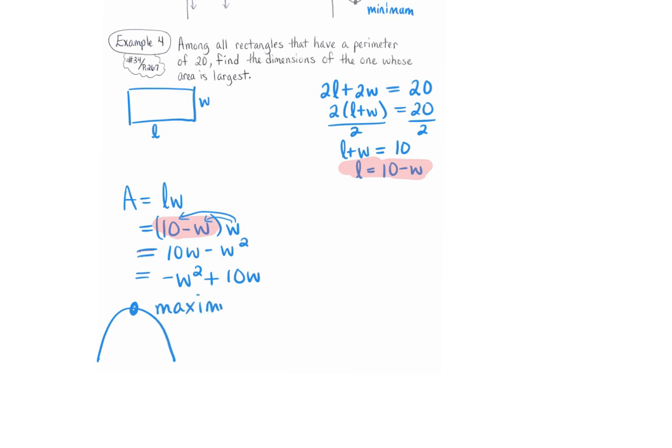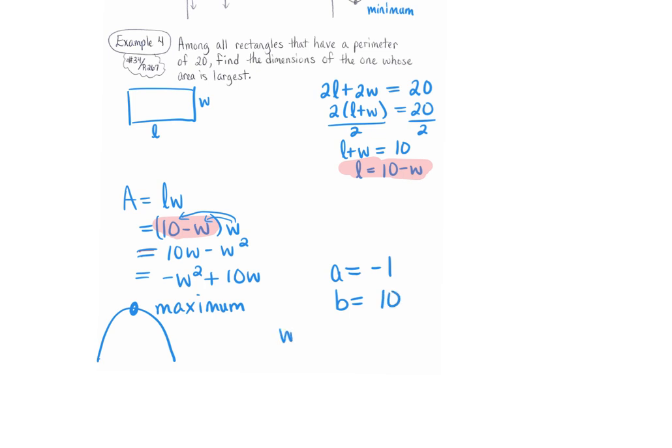So now the question is where, right? Because our goal says find the dimensions of the one whose area is the largest. So we know if we have our x coordinate, which here is W, we know A is what? -1, B is 10. Very good.